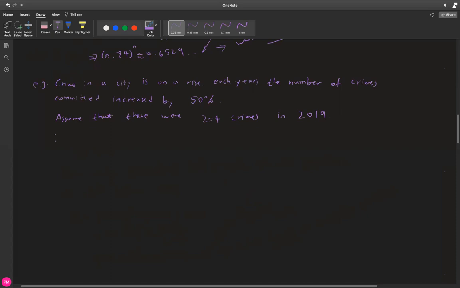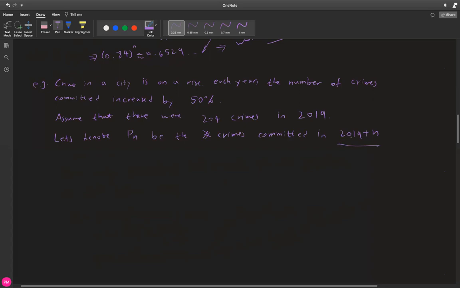And let's denote P sub n be the number of crimes committed in 2019 plus n. So this may look a little confusing.